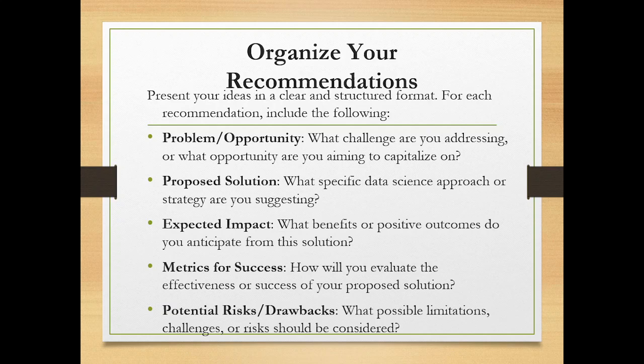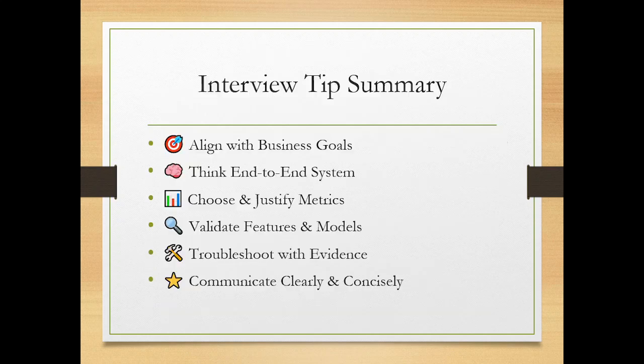The problem is checking on the engagement, the solution will be ranking, the expected impact is that we want to improve the engagement, and the metrics will be the click through rate and number of active users. So all these metrics we can define, and then the risk can be biased training data, or otherwise over personalization. All these can be the drawbacks.